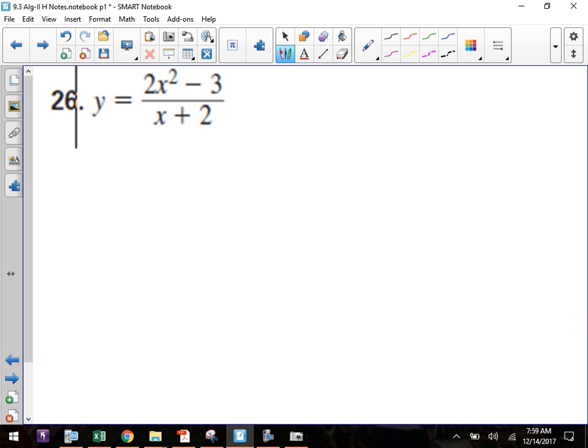You always go with your x-intercepts first. My x-intercepts here, guys, set the numerator equal to 0, solve for x. So you're going to get plus or minus root 3, so be 2 root 3, oh sorry, so be root 6 over 2. Let me simplify that.